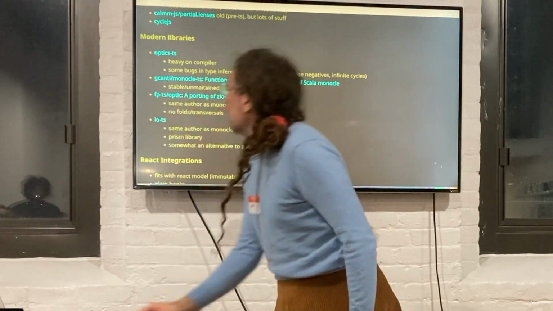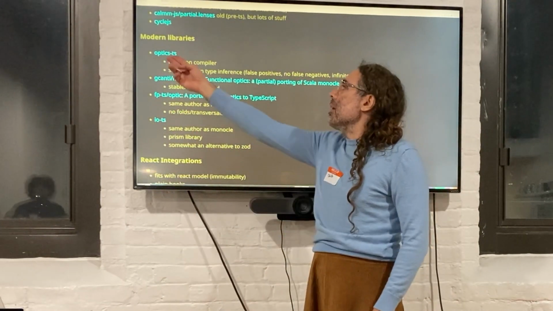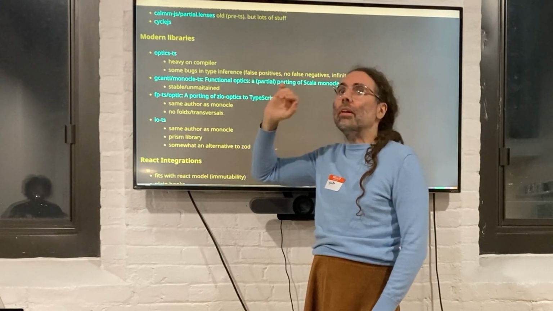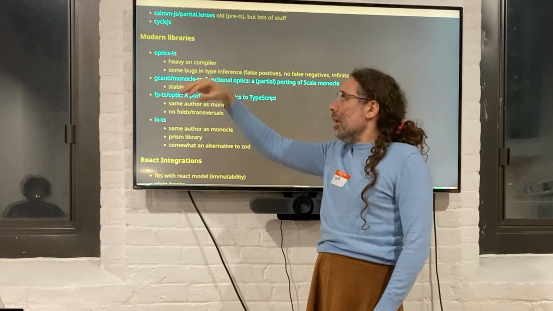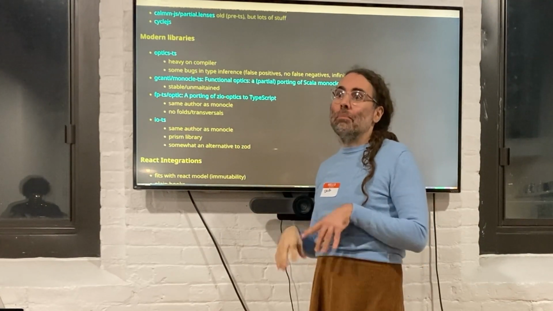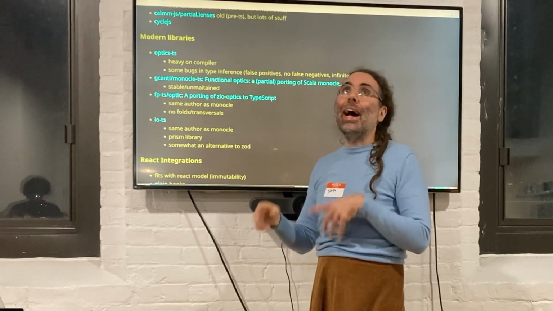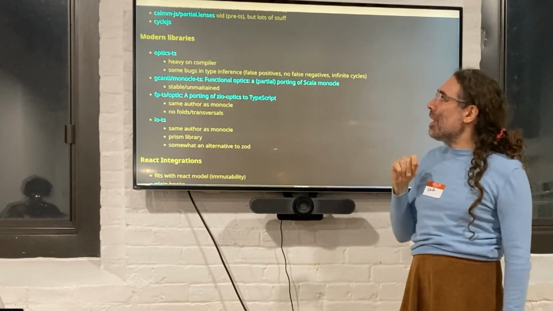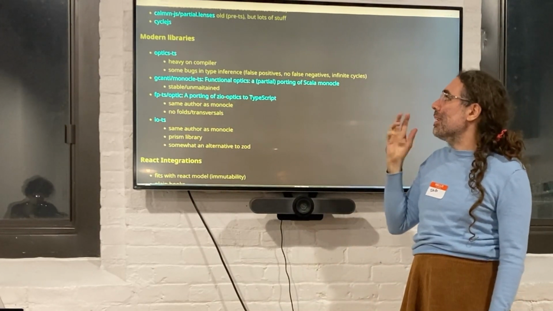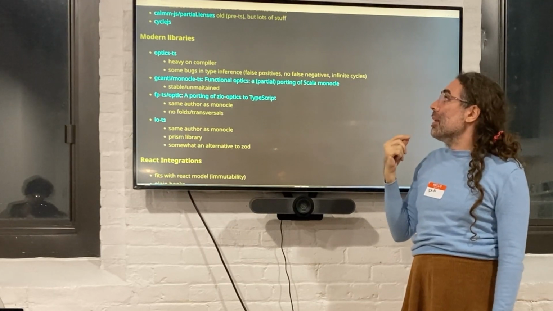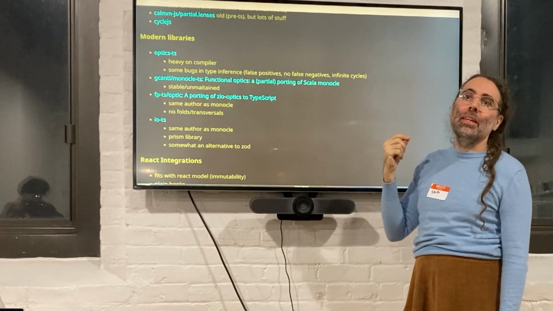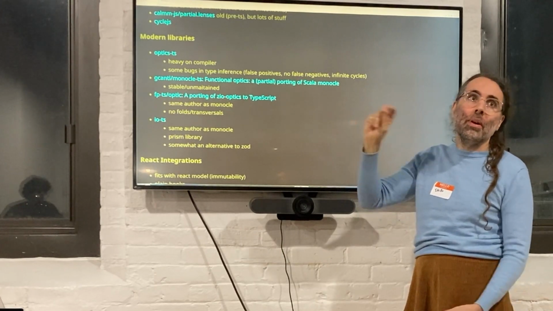Most importantly, modern libraries. Optics-ts is by far the most popular. It's a little heavy on the compiler. I really see my IDE slowing down. I found some bugs in the type system. It was false positive, meaning an error when it was valid.